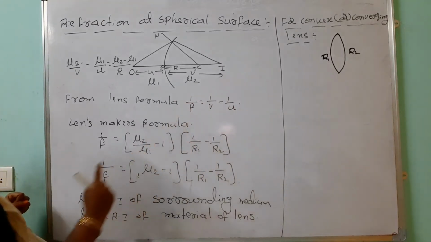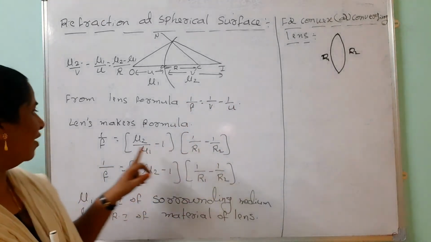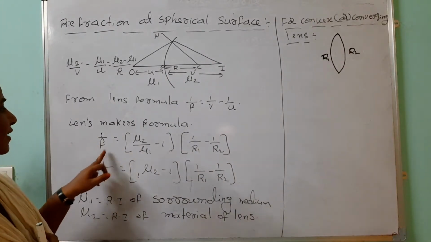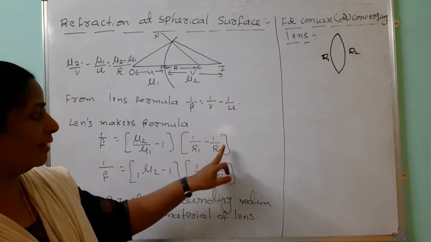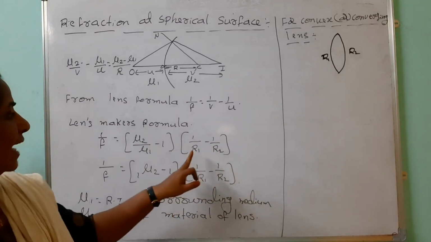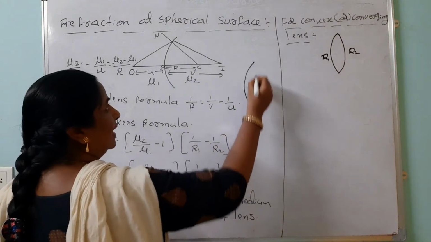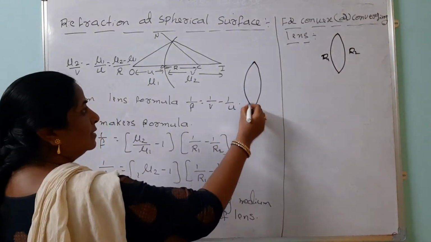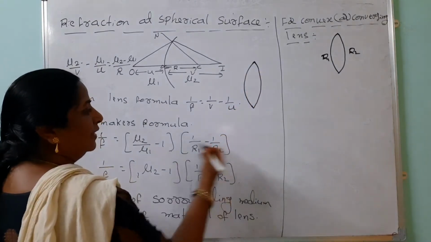In terms of refractive index and radius of curvature, we can also express this formula as 1 by f equals mu2 by mu1 minus 1, into 1 by r1 minus 1 by r2. Here r1 and r2, suppose we are taking this convex lens. This part, the radius of curvature is r1 and this is r2.